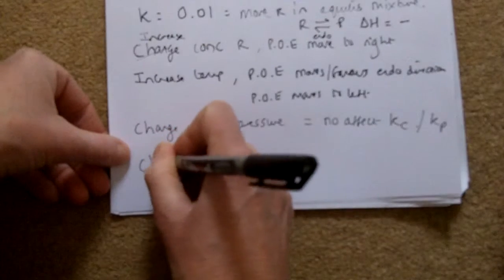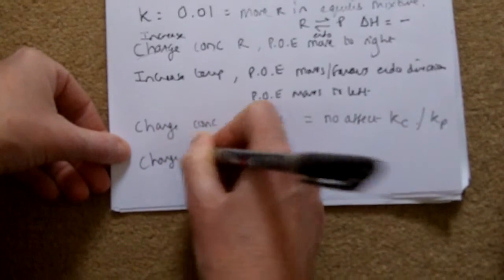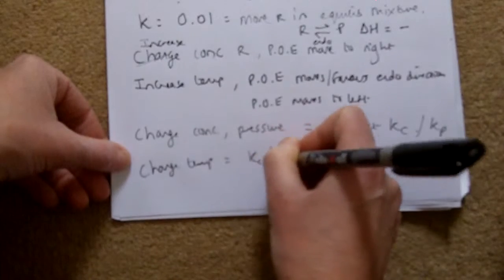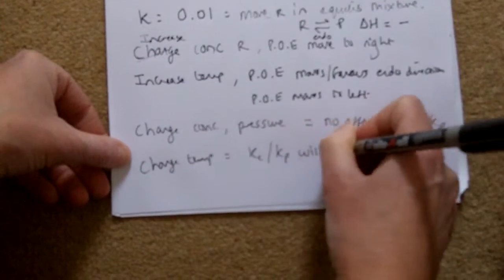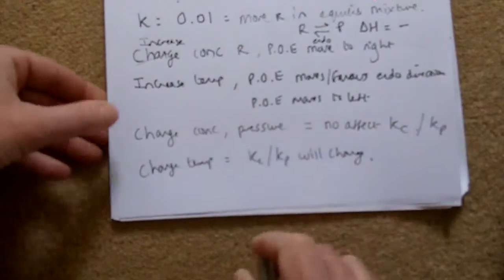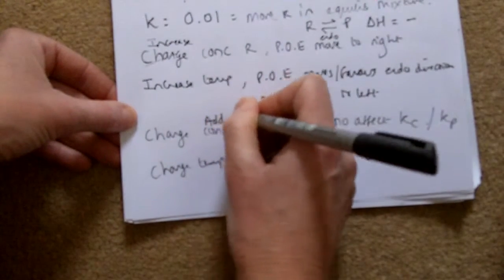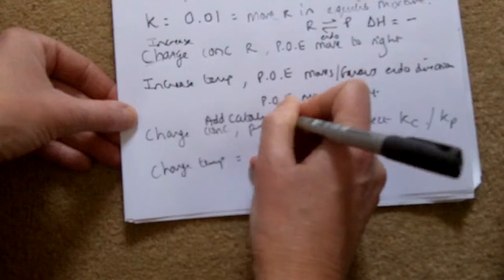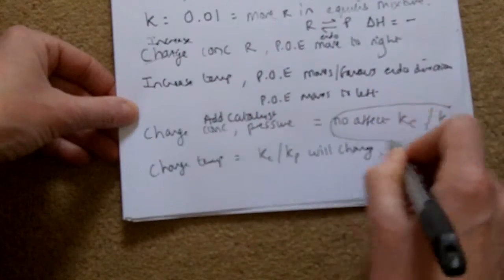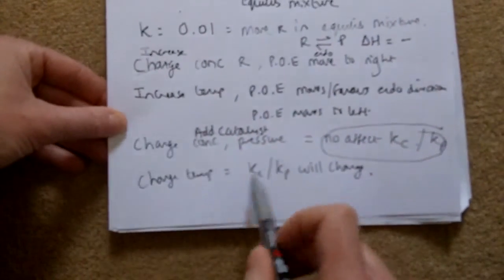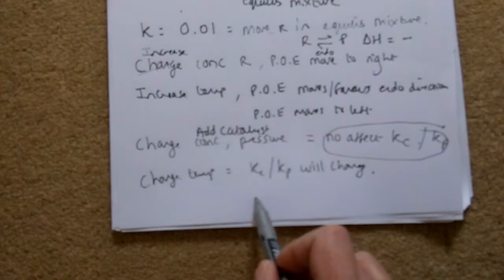If you change the temperature, then Kc and Kp will change in value. Also, if you add a catalyst, that will have no effect on the magnitude of Kc and Kp. Equilibrium constants are only constant when the temperature is constant.